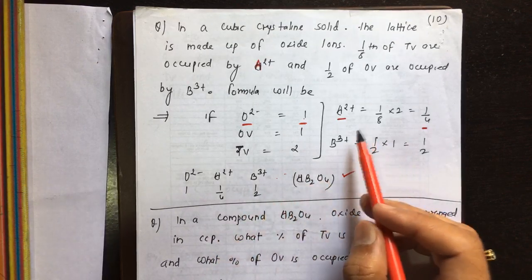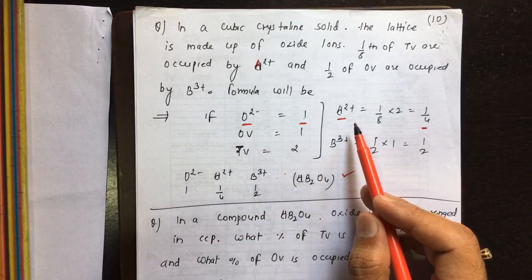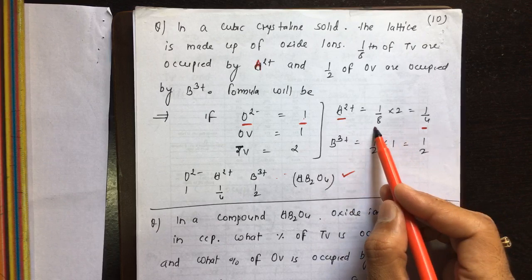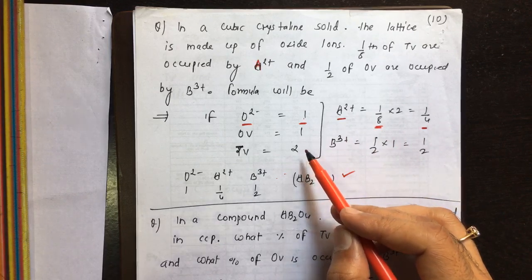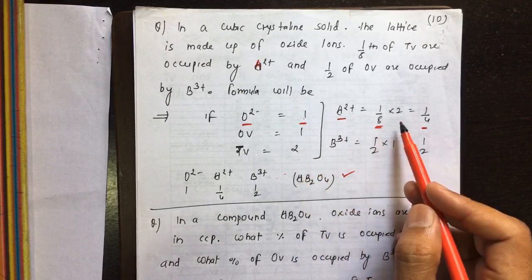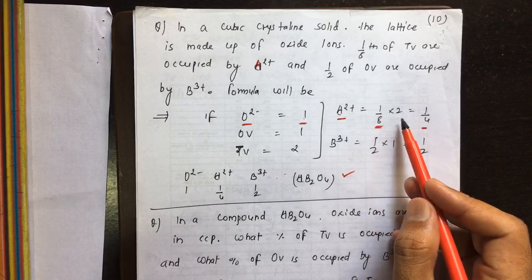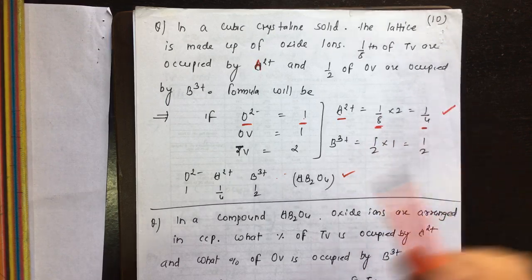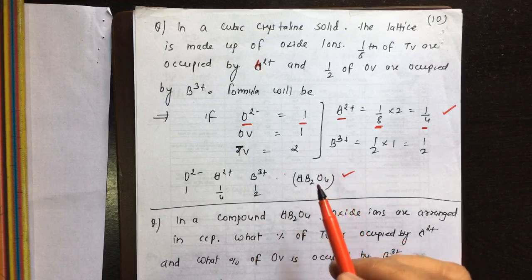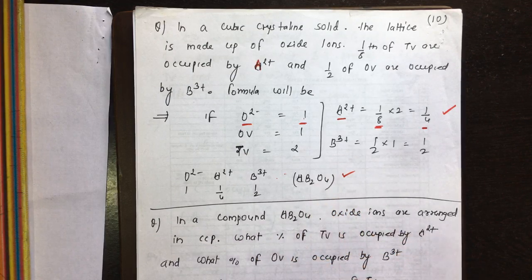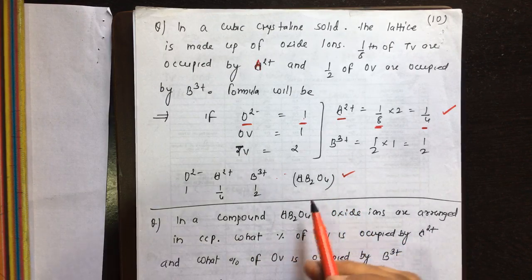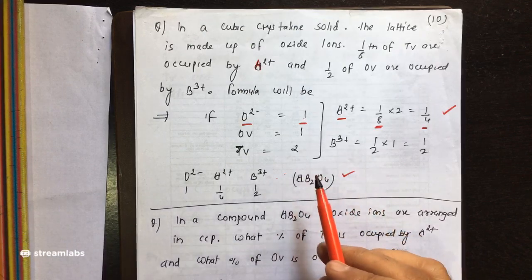Now, 1/8 of TVs are occupied by A2+. How many TVs are there? 2. So 1/8 of the TVs, that is 1/8 into 2, will be 1/4; that is A2+. Now, half of the OVs are occupied by B3+.